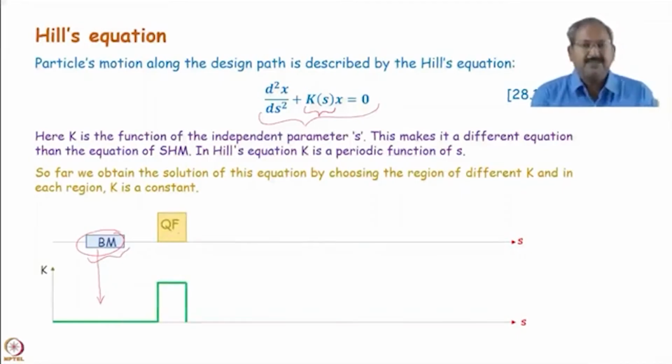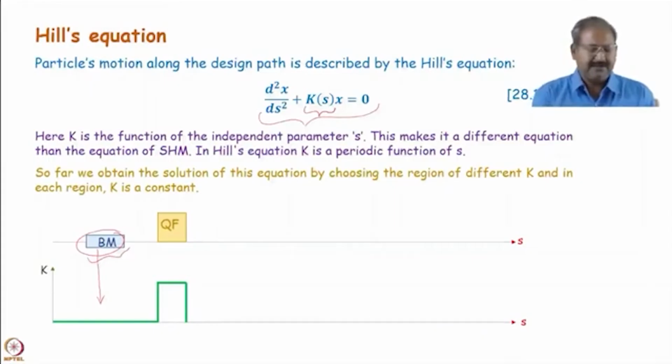Now there is a focusing quadrupole. Again, remember, this is a convention. When we say focusing quadrupole, it means it is focusing in the horizontal plane. So k will be high here, and it is again a convention that we make k positive for the focusing quadrupole, and the height of this k is just showing the magnitude of k for this quadrupole magnet.